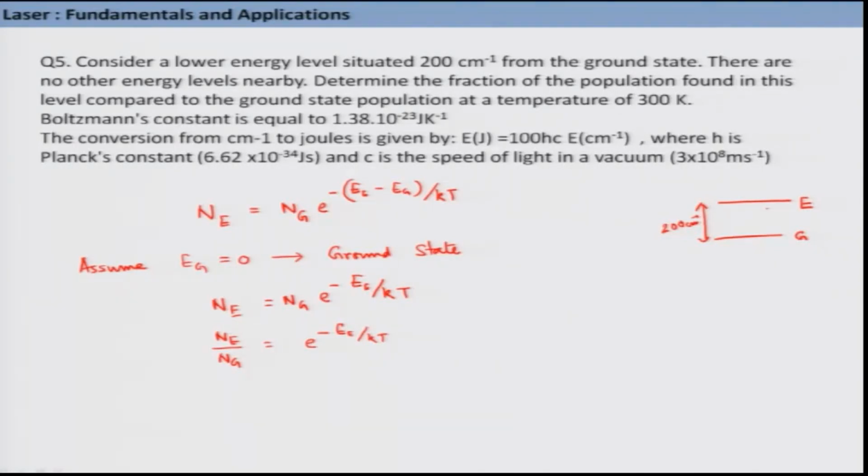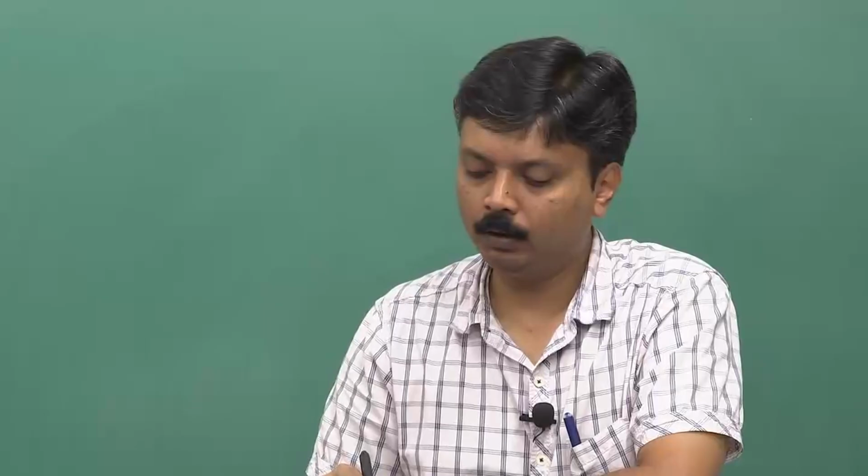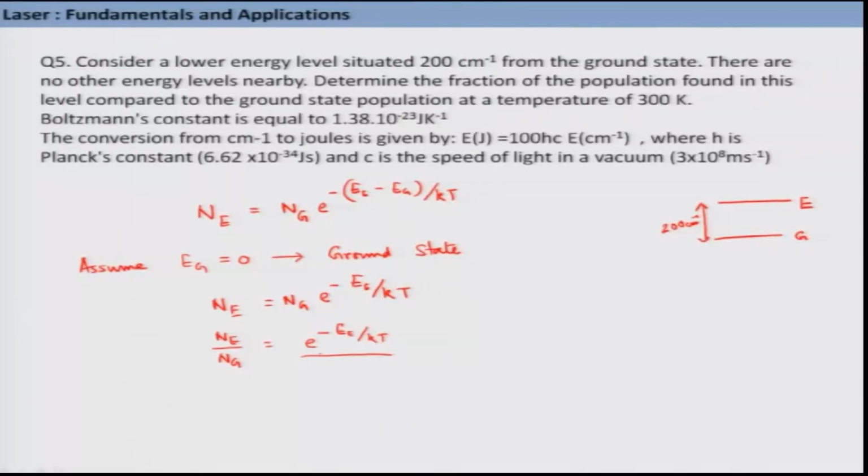With the given values, you can easily convert it to joule, and ultimately you find this quantity over here. And if you do that, you will find this is approximately this, or in other words, it is 38% population that lies in the excited state. Okay.